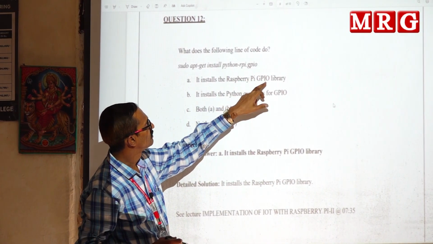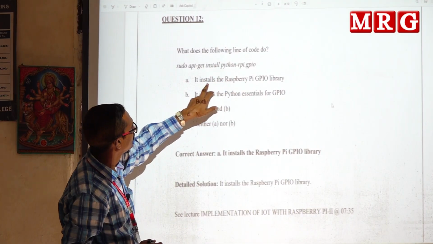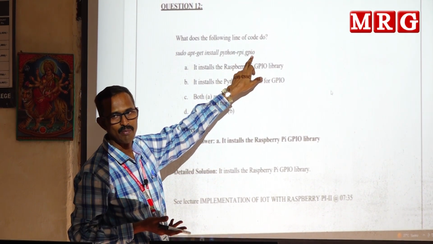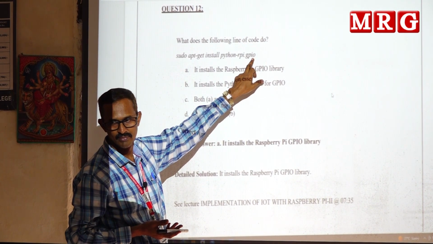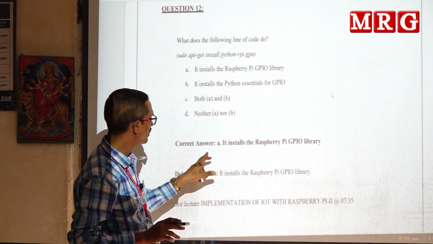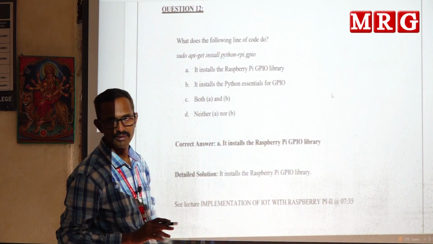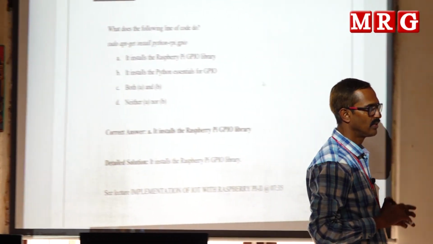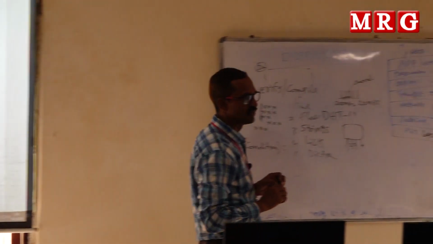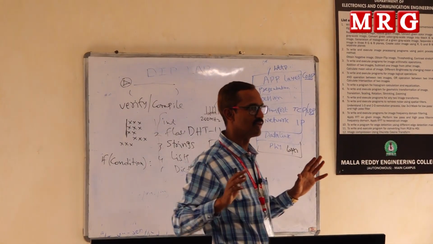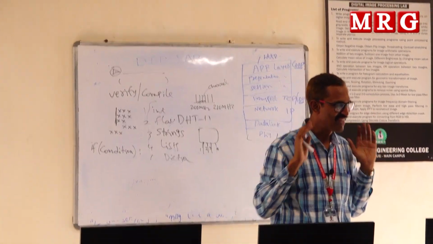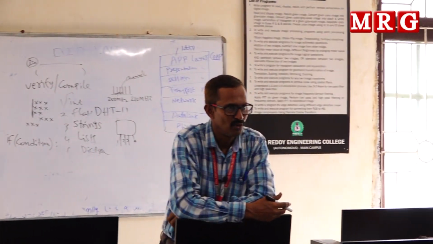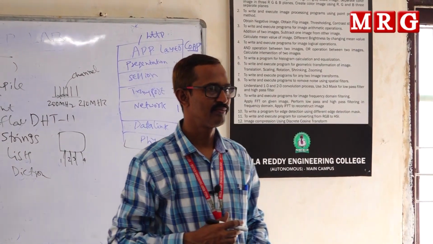You can understand the syntax, right? It is installing that library, that's all. So the answer is installing that GPIO library. Python code is very easy. Don't think it is big. Don't think heavy. Take it light. After seeing two or three papers, you can answer easily.